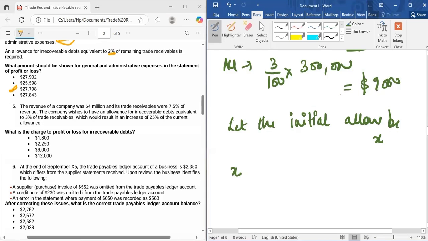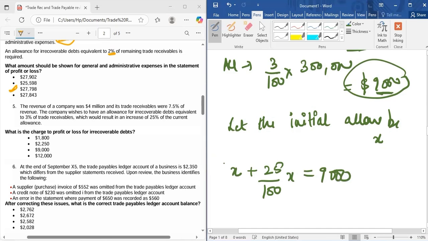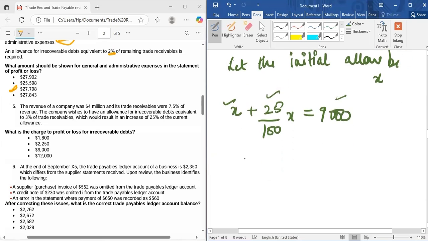Because of this, our allowance has increased by 25%. This 9,000 we have got by adding 25% to our initial allowance. So whatever our initial allowance was, we added 25% to this allowance, and then we got 9,000. We had initial allowance of X, and when we added 25% of this X, we got 9,000. So it would be X plus, then you reduce 25 and 100, you will get 1 by 4 of X, which is 9,000.